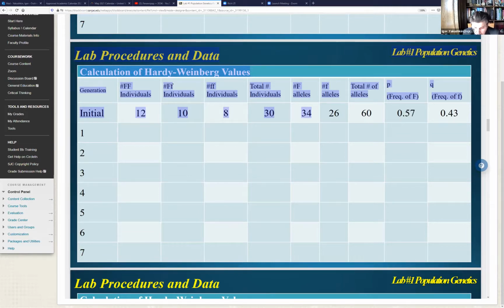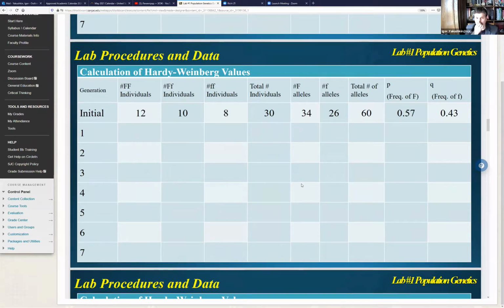Total number of F is 34. If you don't understand where I got 34, please ask me right now. I know it might be a little bit like, where did 34 come from? Yes, you're basically counting all of the capital Fs. Precisely. Good comment.